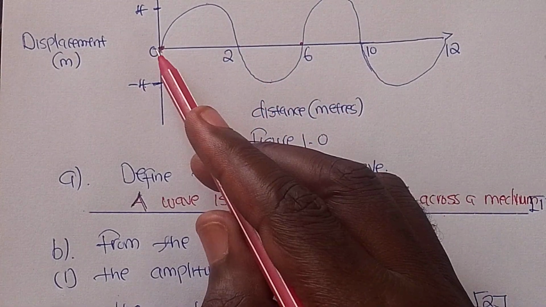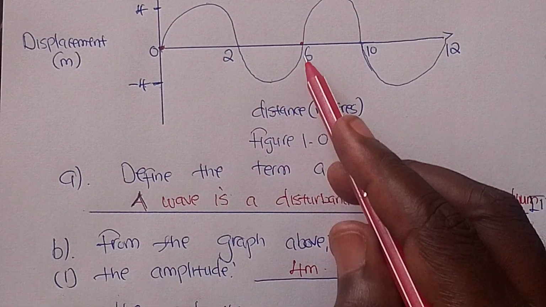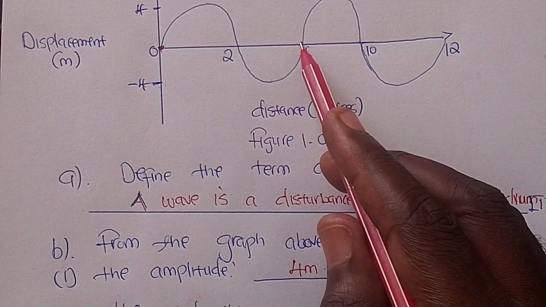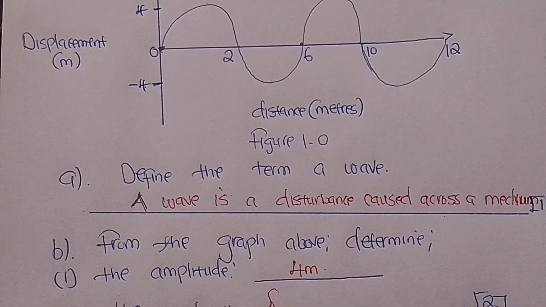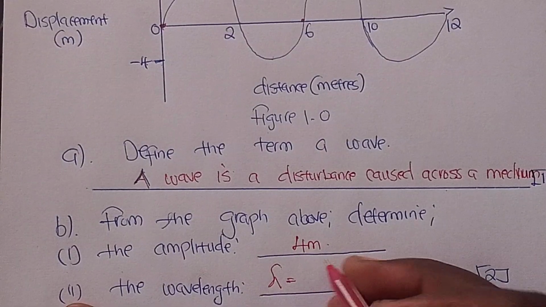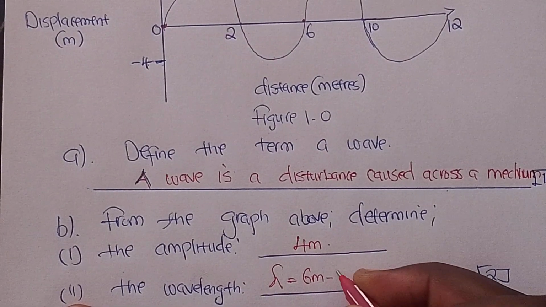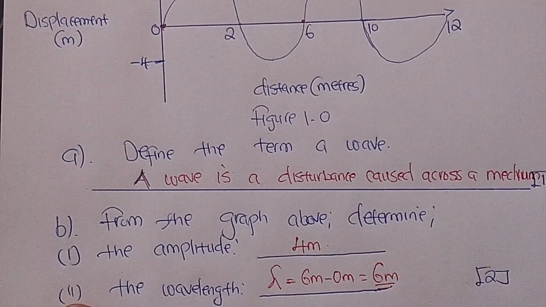It started from 0 ascending upwards, we let it come downwards until it starts to ascend again. So this is 6 and 0. The wavelength is represented by lambda. So we're going to say this is 6 meters minus 0 meters, which is going to give us 6 meters.